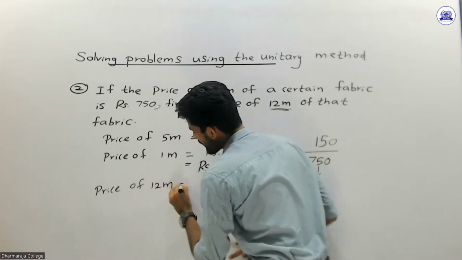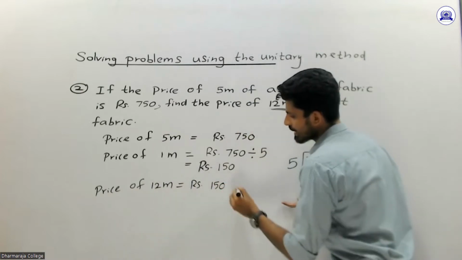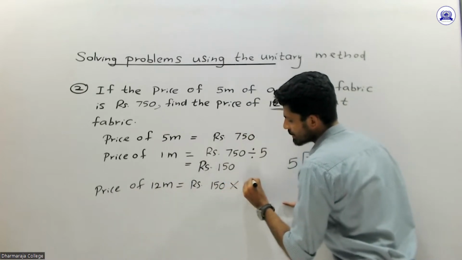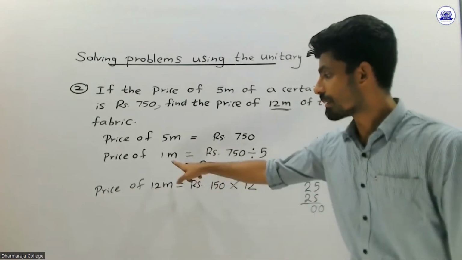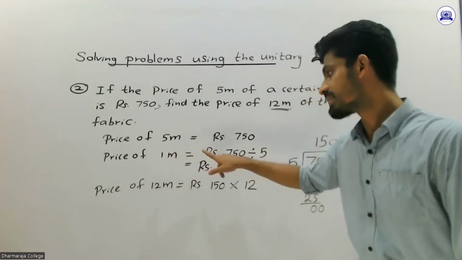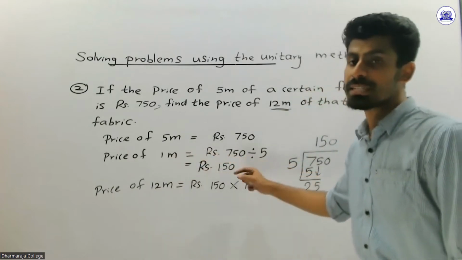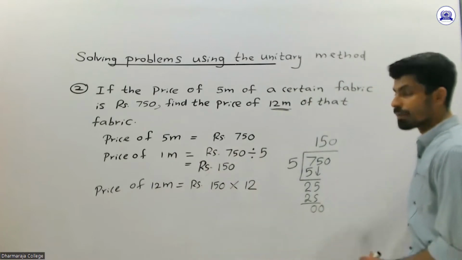Price of 12 meters is 150 multiplied by 12. Why is that? Because 1 meter equals 150. So you need to multiply 150 by 12, right?